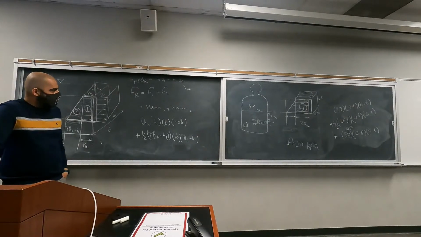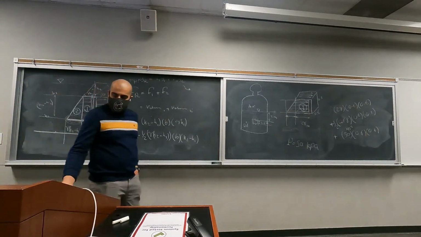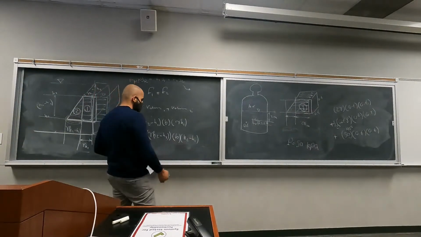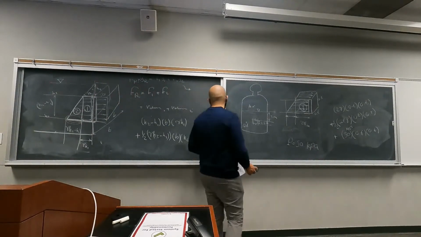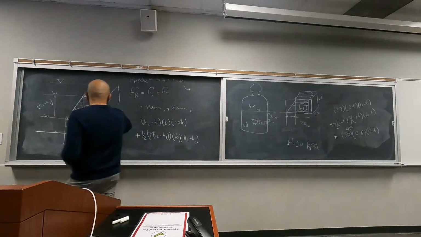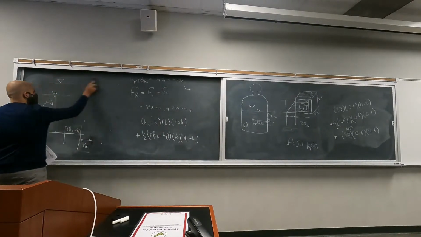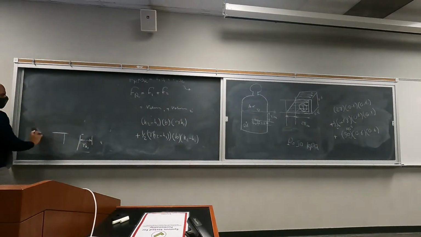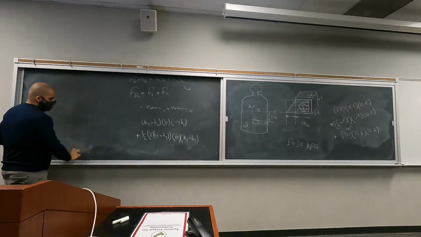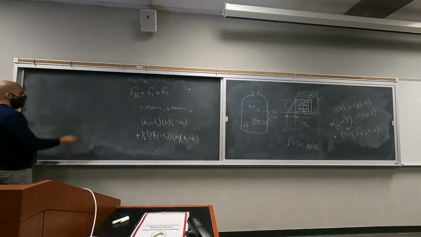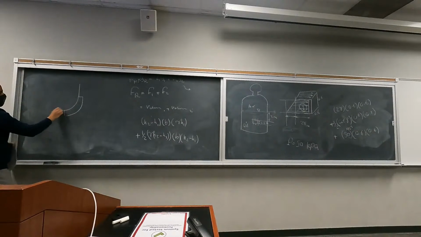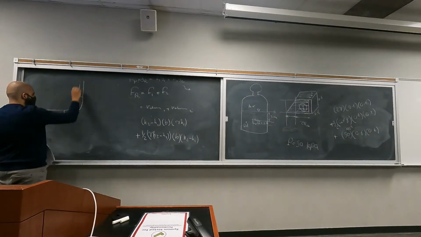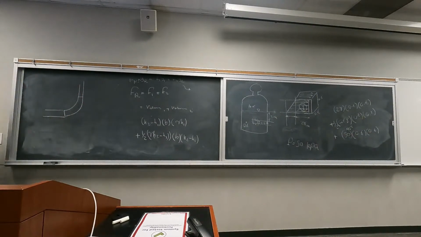So the next part is the hydrostatic force on a curved surface. Let's say you have this curved surface that starts from here, and we want to find the hydrostatic force on this curved surface.